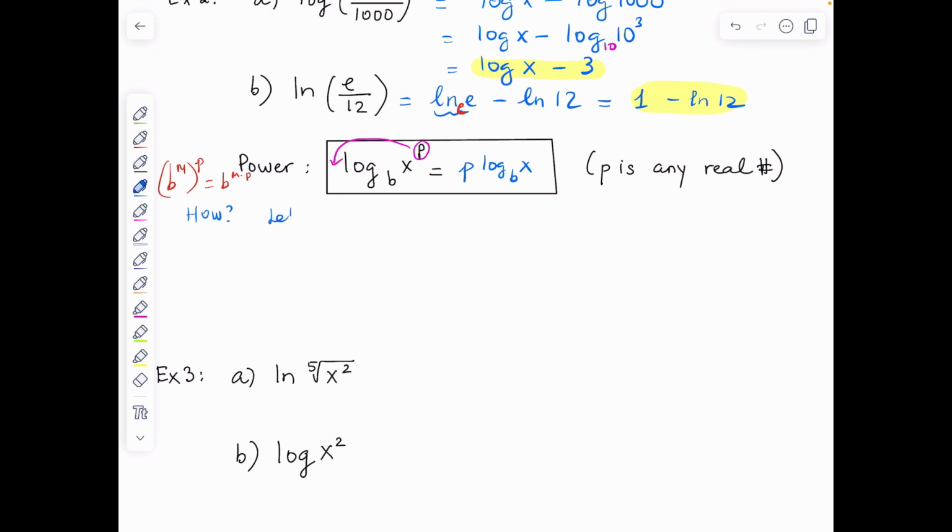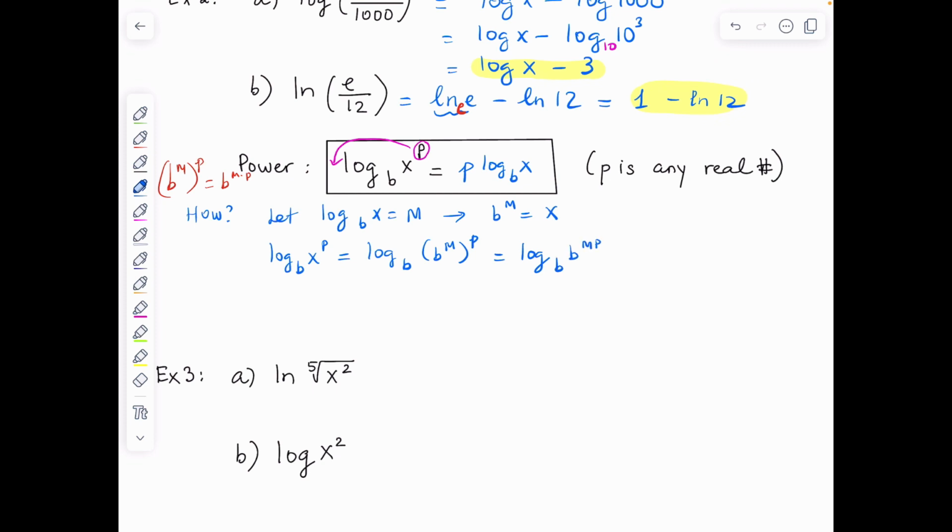So again, let log base b of x be m. So using the definition, b to the m is equal to x. So when we have log base b of x to the p, that's the same as log base b of b to the m, raised to the p exponent. And at this point, we can multiply the two exponents together.